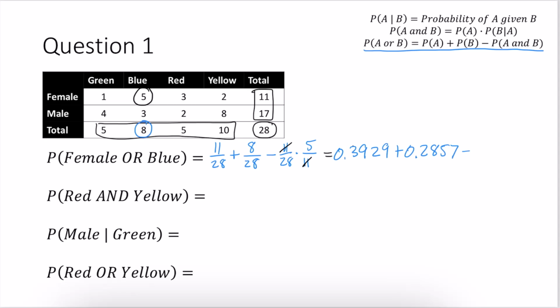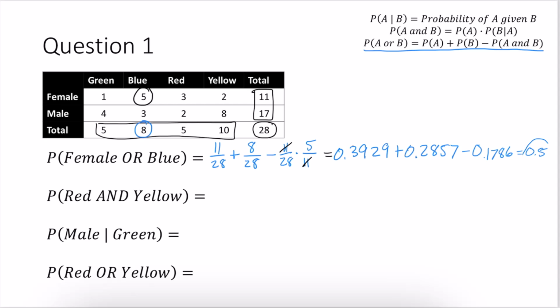And then 5 out of 28 is 0.17857. So I'll round that 5 up to a 6. And when I add those all together, 0.3929 plus 0.2857 minus 0.1786 ends up giving me 0.5 exactly, actually.